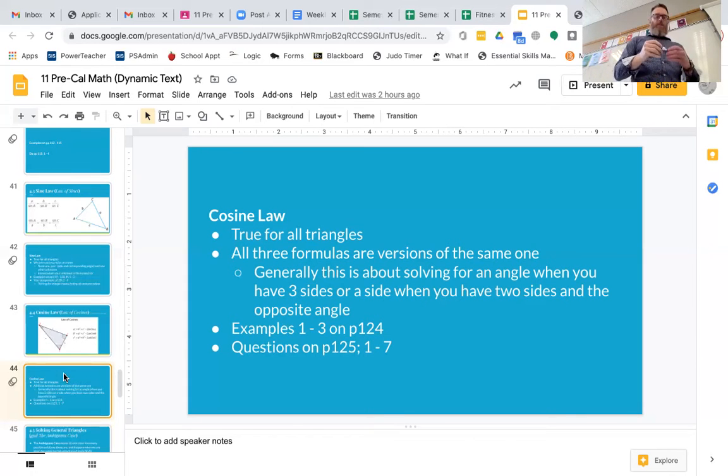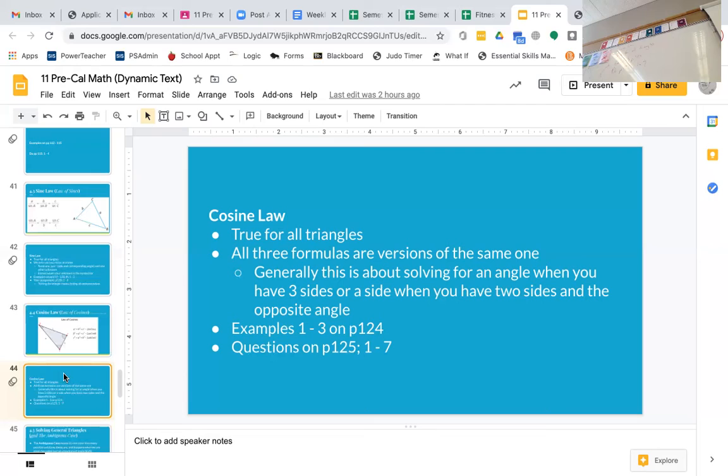Is this just another way of solving the triangle? Can you use this in the place of sine law? Yeah, there's different situations. You'll have to decide which one to use. With sine law, you'll have for sure a side and an angle that correspond, and then one other thing.